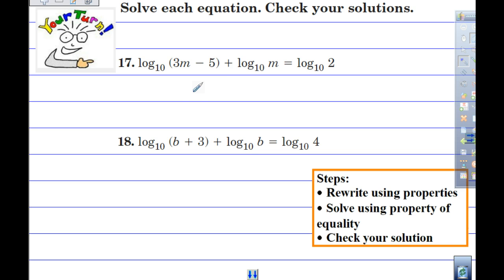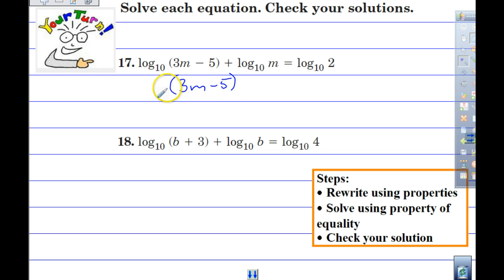So what about here? What do we do? Is this like the first example or the second? First, log on both sides. Okay. Showed the work.